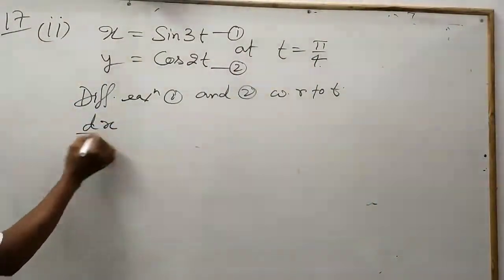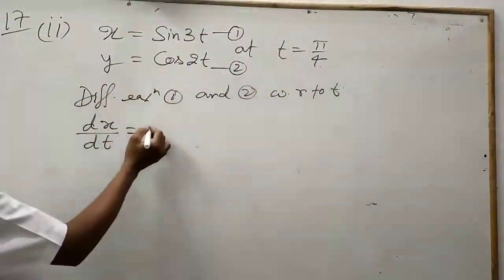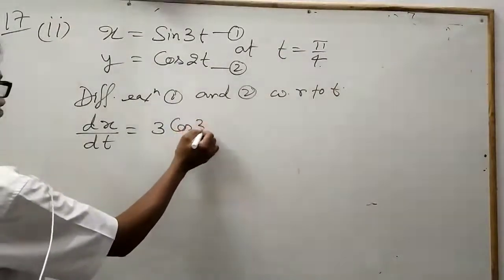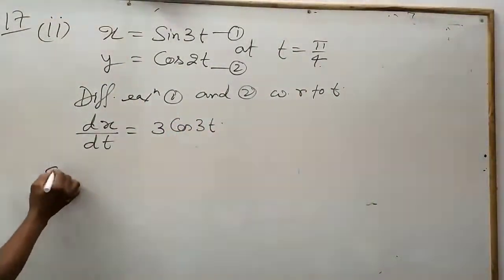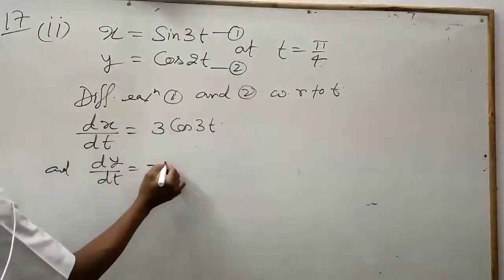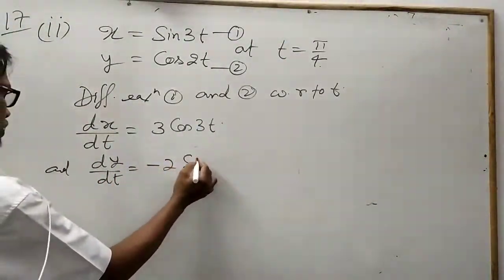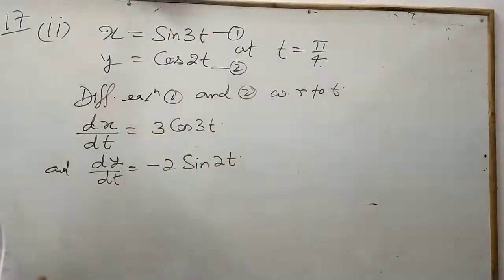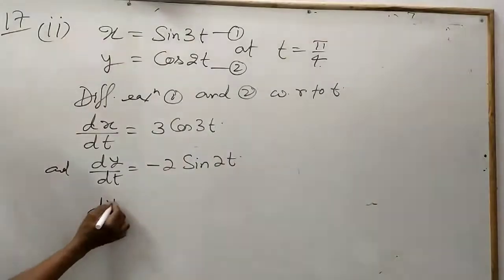So dx upon dt is 3 cos 3t and dy by dt is minus 2 sin 2t.